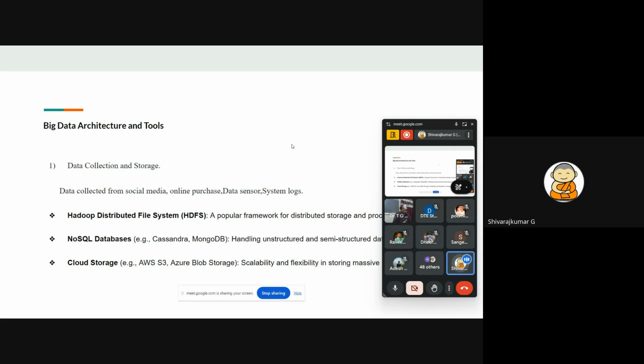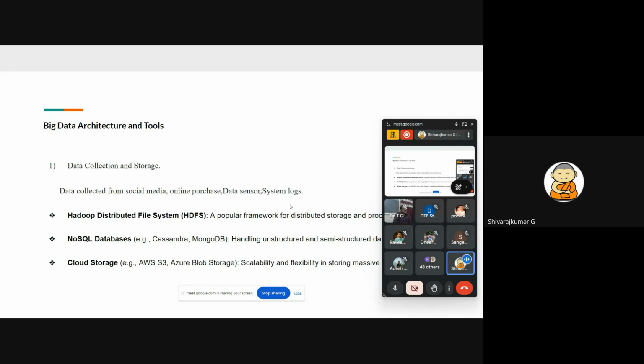Previously we used SQL databases. Now different NoSQL databases have come into the picture, because the data is very large and we are handling different kinds of data. When we have unstructured or semi-structured data, we use NoSQL databases like Cassandra and MongoDB.